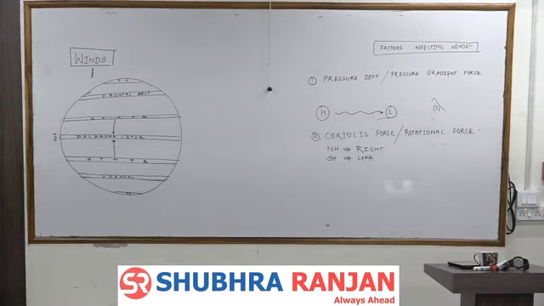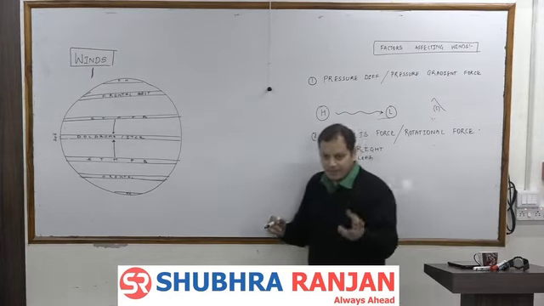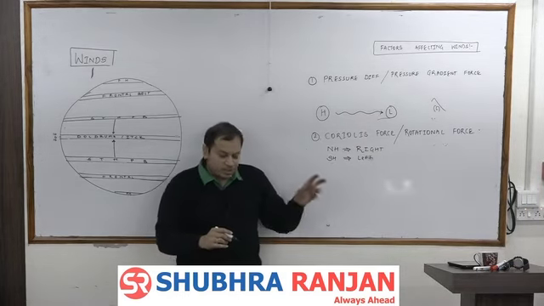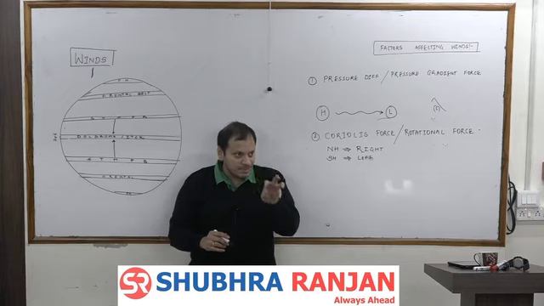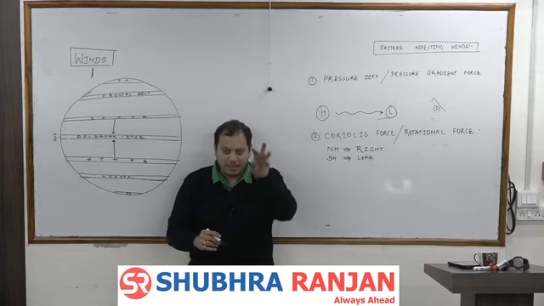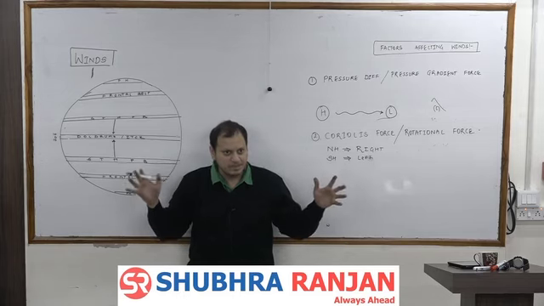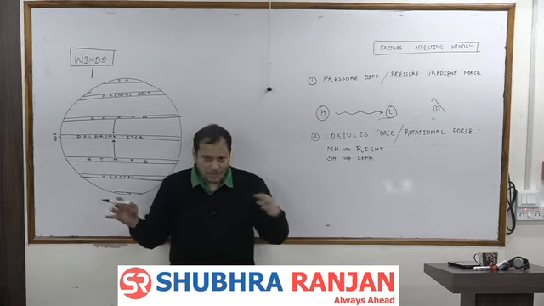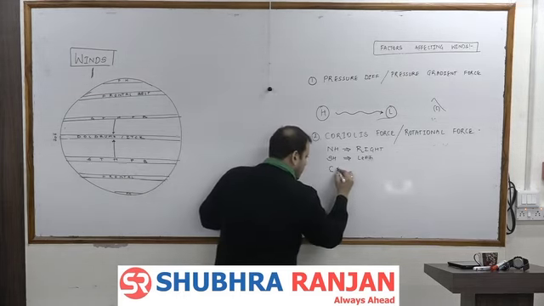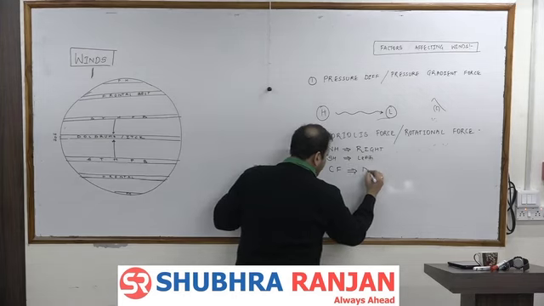Now this is because Coriolis force is inversely proportional to the rotational speed of the earth. Rotational speed of the earth is maximum at the equator and it is minimum at the poles. Bulge सबसे ज़्यादा है at the equator, rotational speed is maximum at the equator, and therefore Coriolis force is minimum in the equatorial regions.